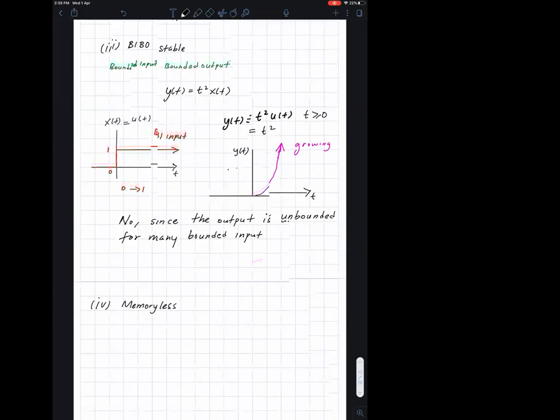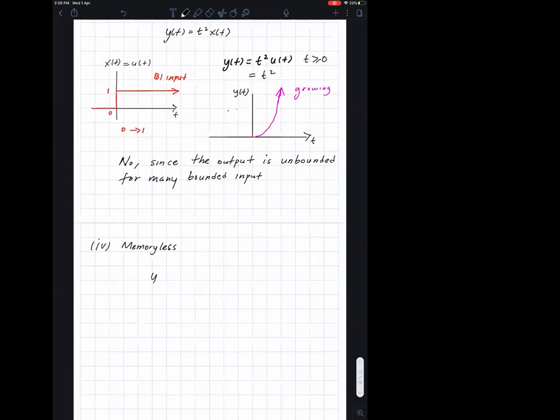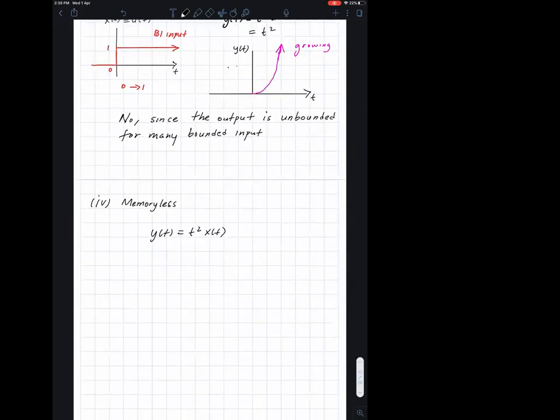Is this memoryless? If the current output depends on the past input, then it has memory.